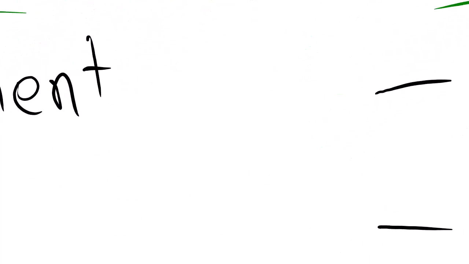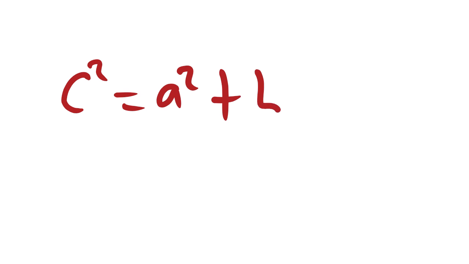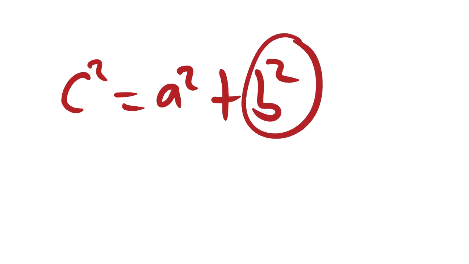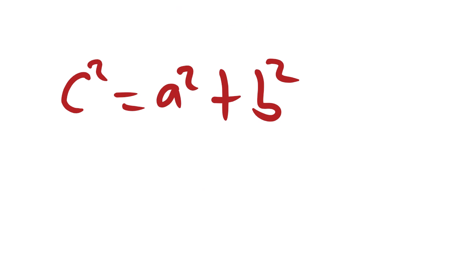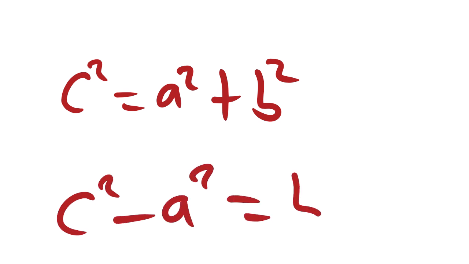Solving the right angle triangle. Remember, our formula is C square is equal to A square plus B square, but you can change this by taking this to the other side. Let's just make B squared the subject of the formula. You just say C square minus A square is equal to B square.